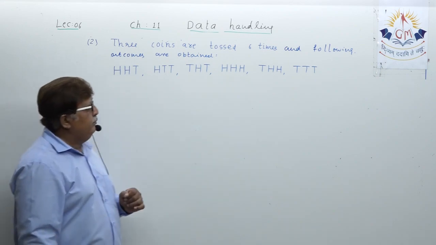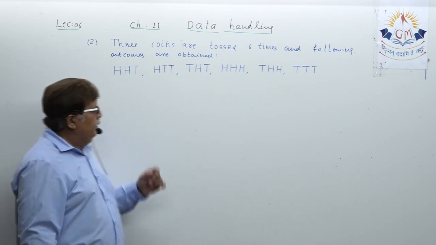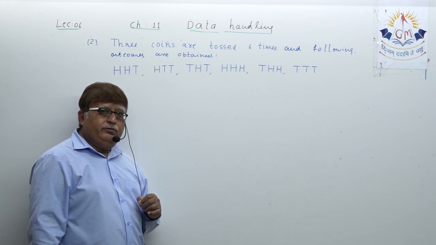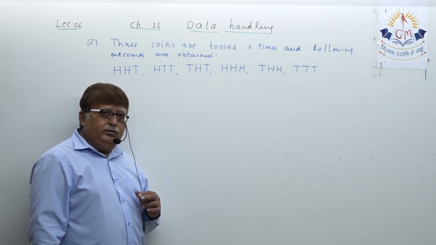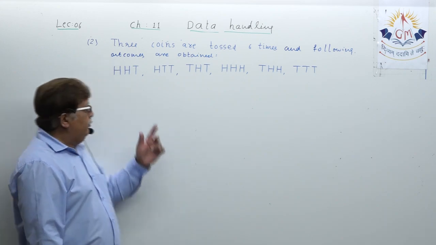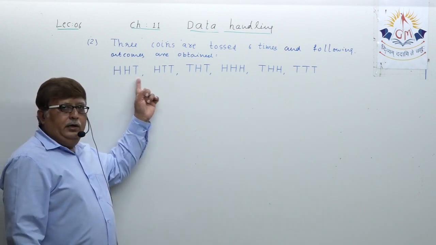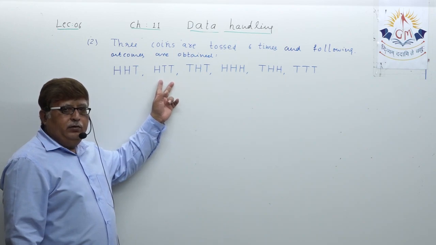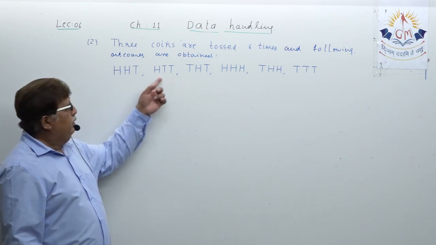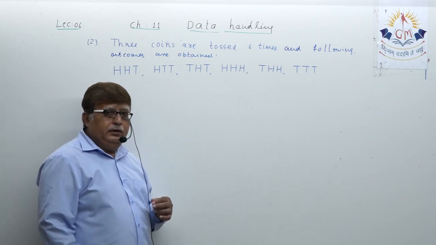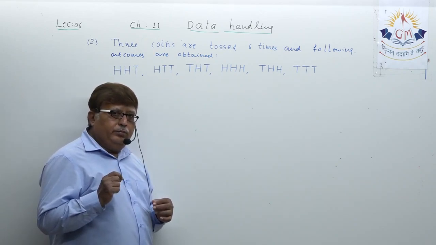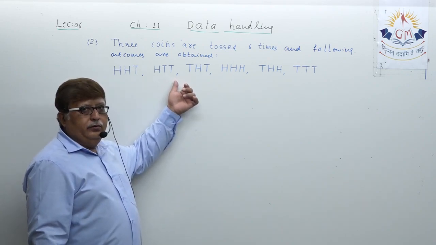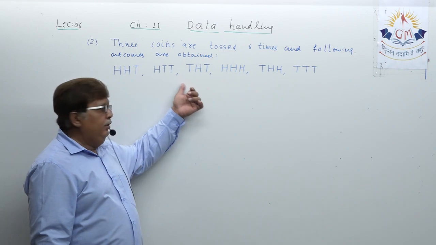So first, do you understand HHT? That means you are getting heads on the first two coins and tail on the third coin. Second triplet of outcome, HTT. On the first coin you obtain H, on the second and third coin you obtain tail.